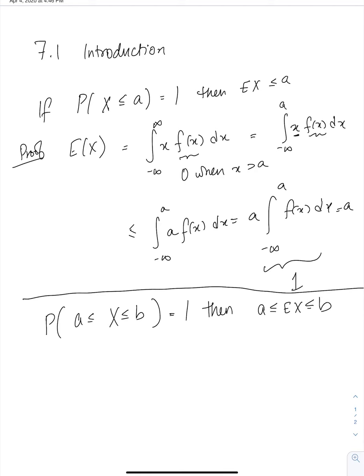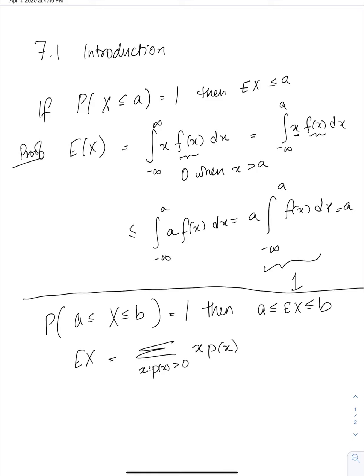And here I will write it down in the discrete case. So what is the expected value of x? This is the sum over all the x's in the range of x, where the probability of x equaling little x is positive, of x times p of x. Okay, but you know that the probability of x is positive only when little x is bigger than or equal to a and less than or equal to b.